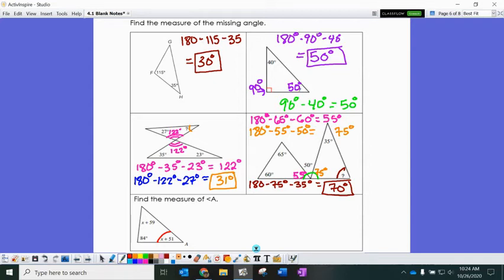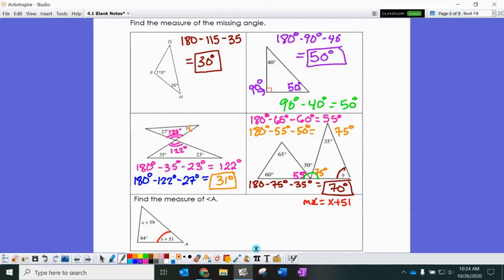Well, since the measure of angle A is x plus 51, but we don't know what x is, we need to first solve for x. And anytime you want to solve for x, you just need any equation that's true that involves x, and then we can solve for it. So what's a true equation that we could set up that would involve x? Well, we know that triangles sum to 180.